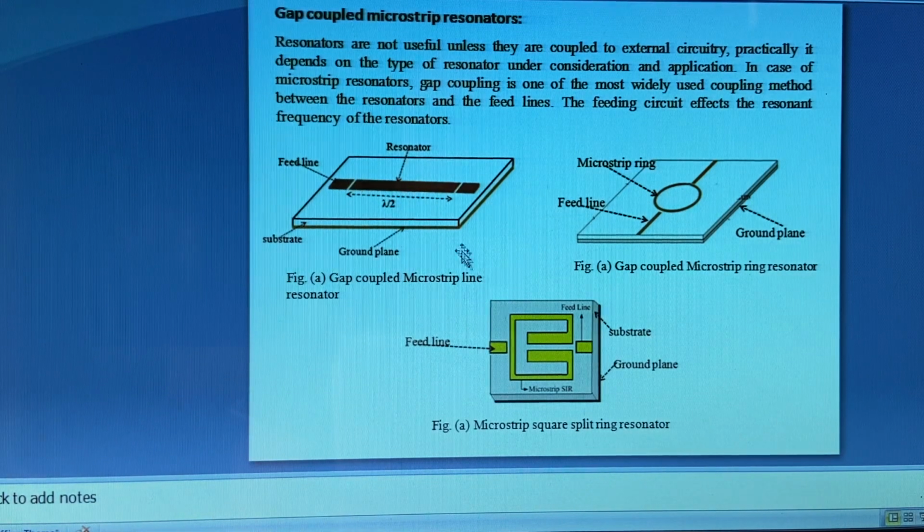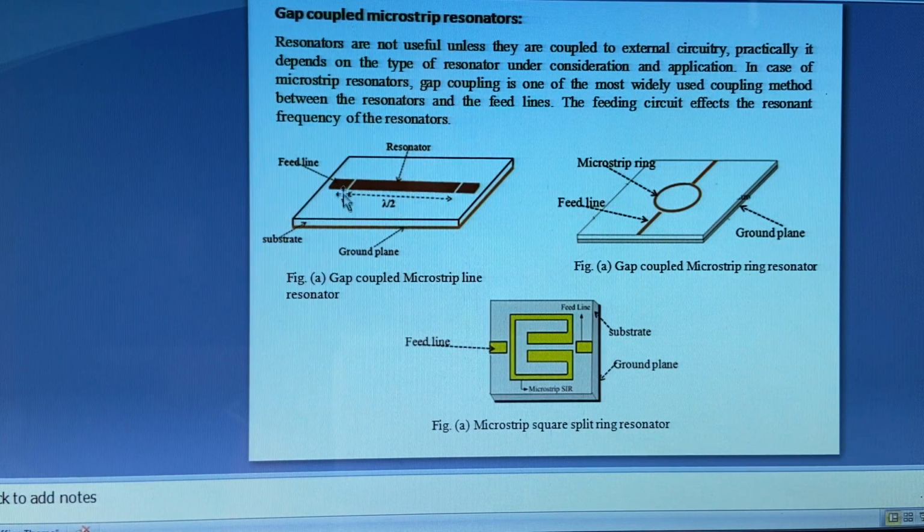This type of coupling is widely used in microstrip resonators, in microstrip transmission line resonators. This gap coupling method usually affects the resonant frequency of the microstrip resonators.